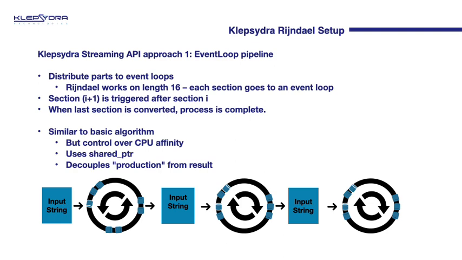In this case, the parallelization is done in a pipeline. So it looks like an assembly line where the algorithm is divided in smaller parts, each of them executed in a different event loop.